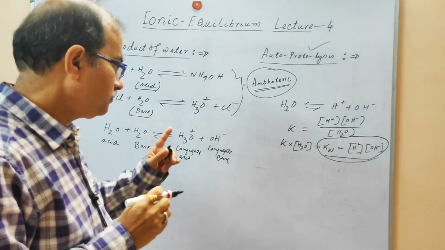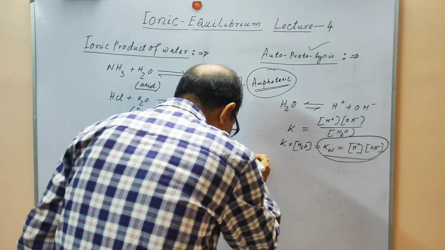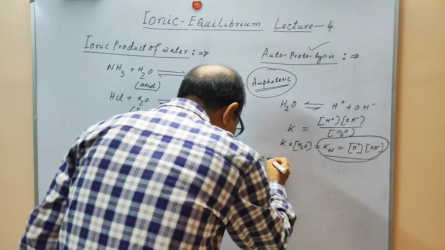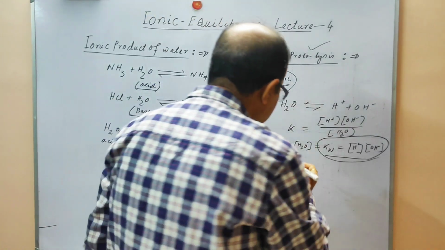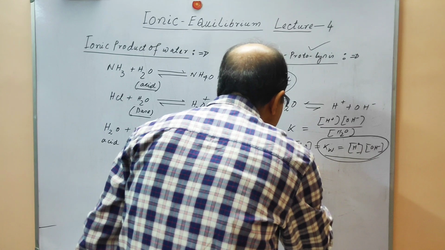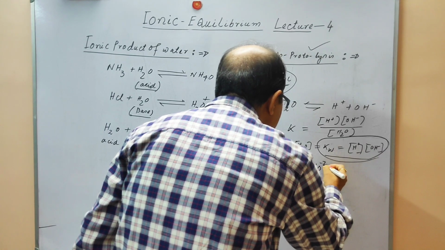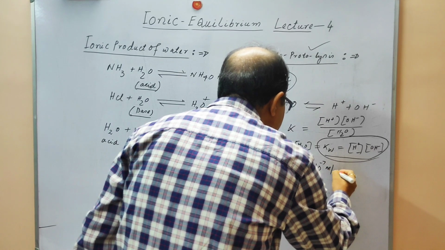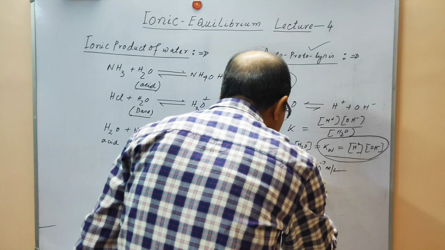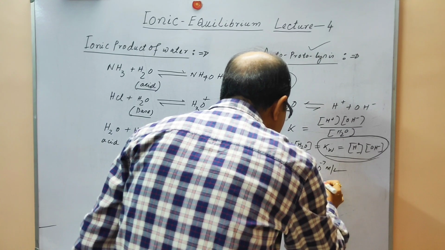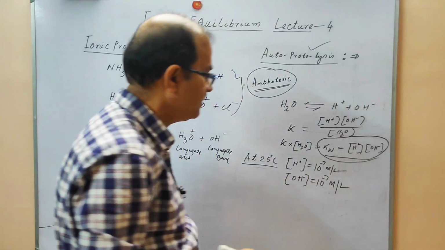Now we discuss that at 25 degrees Celsius, which is room temperature, the molar concentration of H plus ion has been found to be 10 to the power minus 7 moles per liter, and the OH minus ion also has 10 to the power minus 7 moles per liter at 25 degrees Celsius.